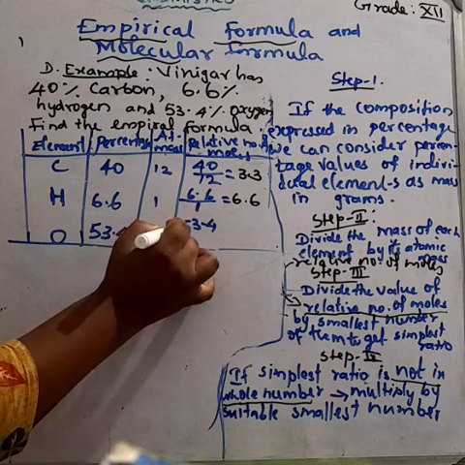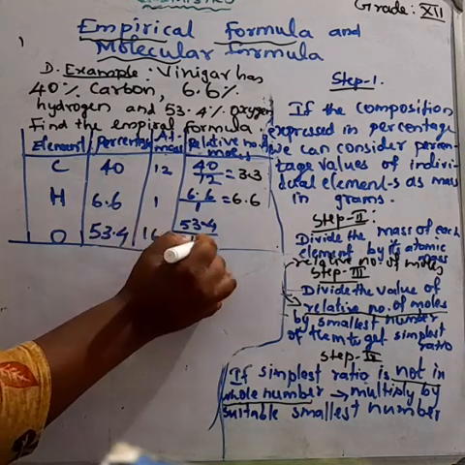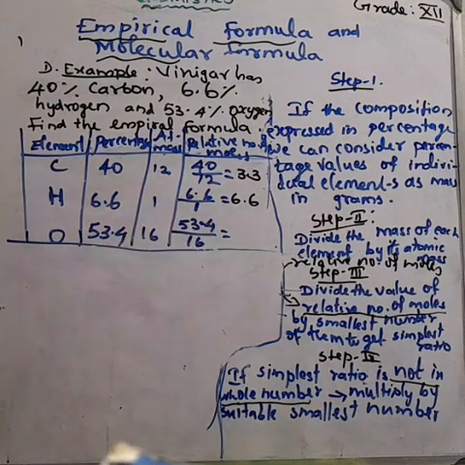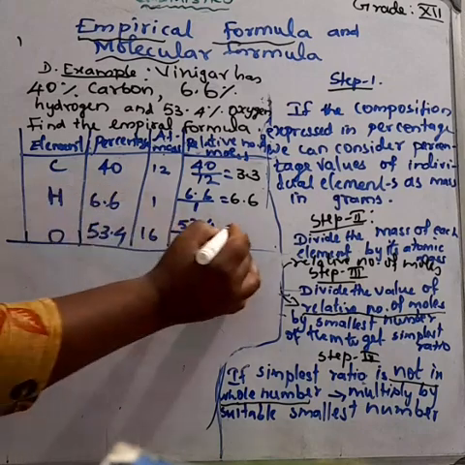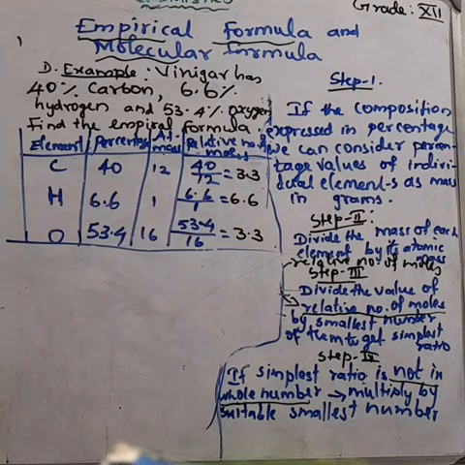Atomic mass for oxygen 16. So 53.4 divided by 16, we get 3.3.